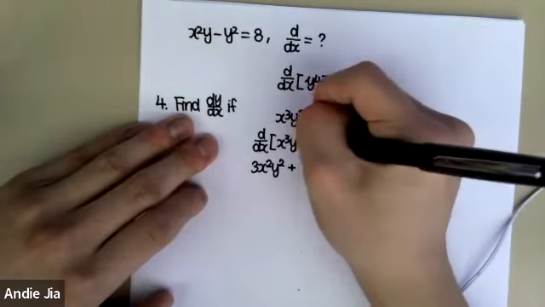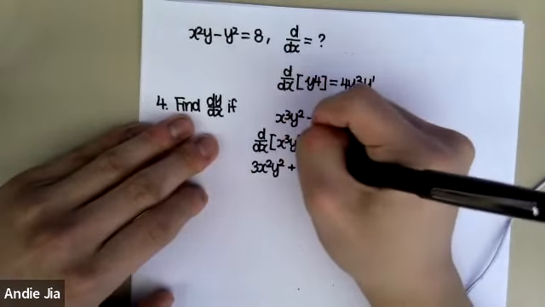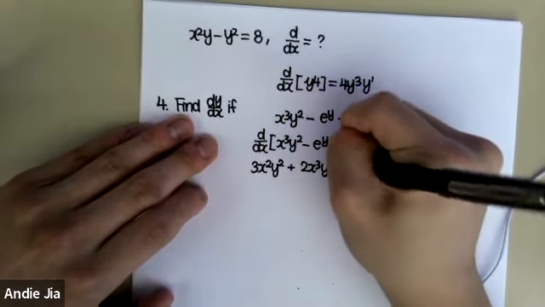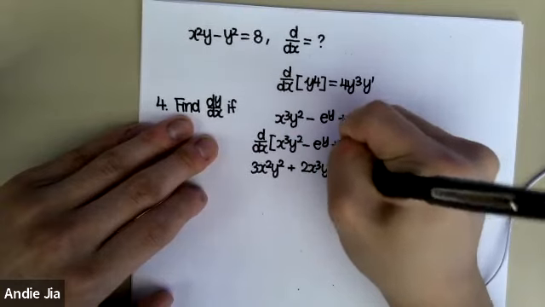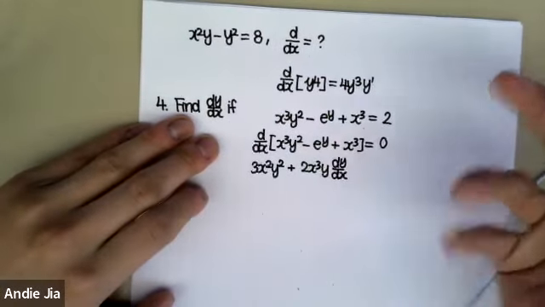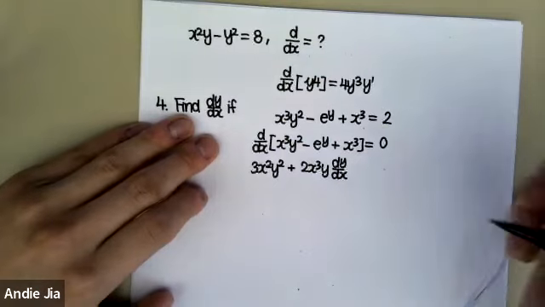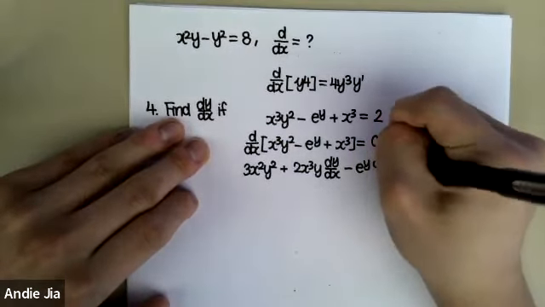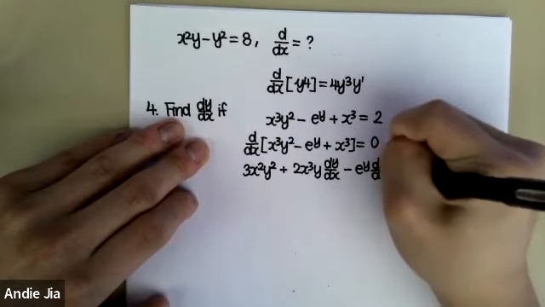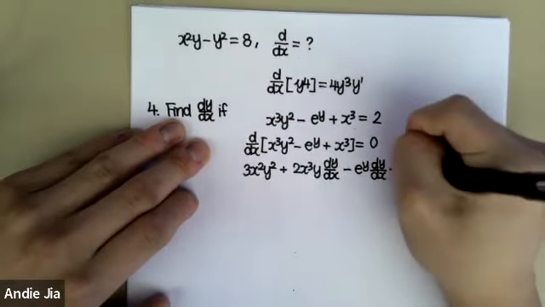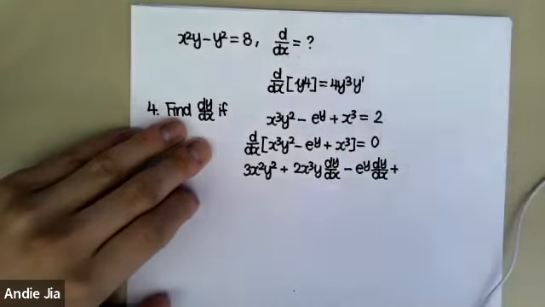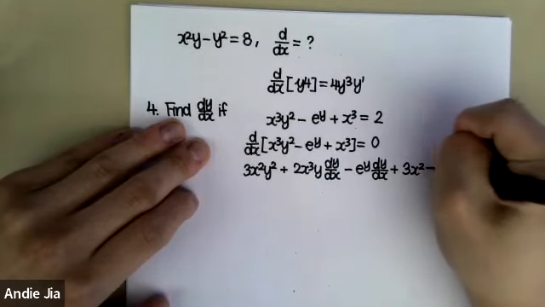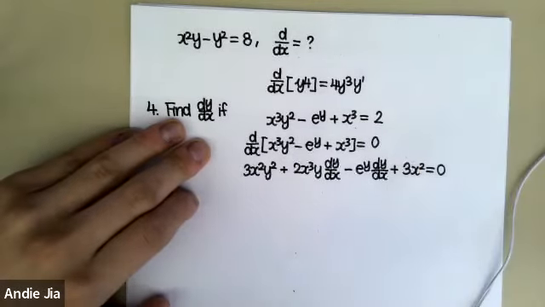Now 2y times x cubed, so it's going to be 2x cubed y dy/dx, and e to the y, because this is an intermediate y, so we just need minus e to the y dy/dx, and then plus, in terms of x, 3x squared equal to 0.